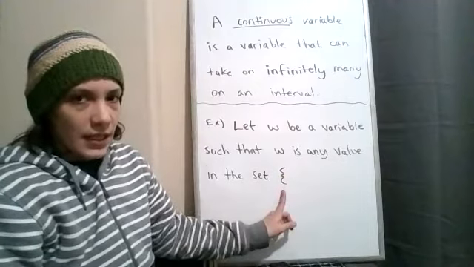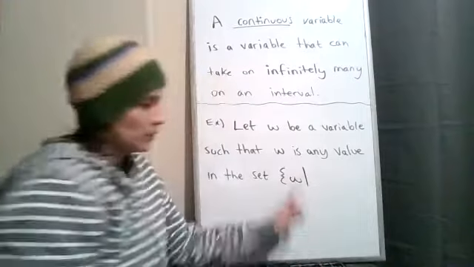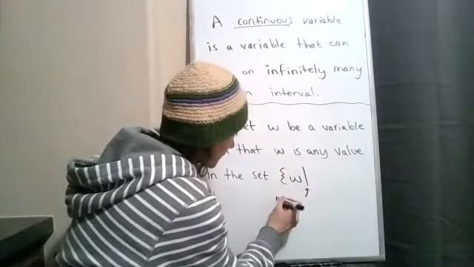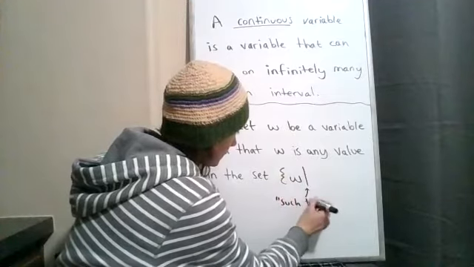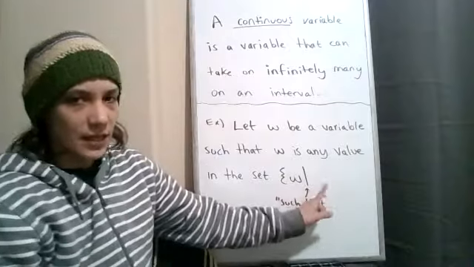Okay, so this set is your values of w. This bar means such that w is less than 7.